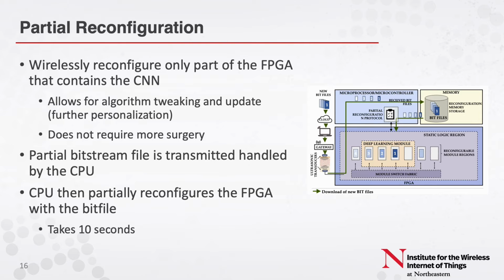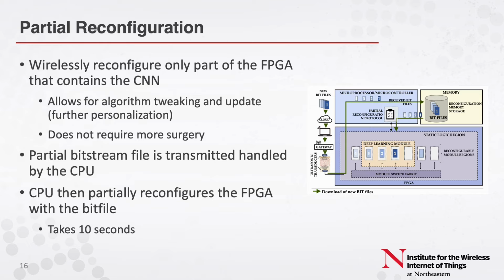But in addition to transmitting data outward, classifications outward, AiEEG also accepts data as well. It receives data, mostly in the form of reconfiguration files, to be able to wirelessly reconfigure the FPGA portion of the SoC.